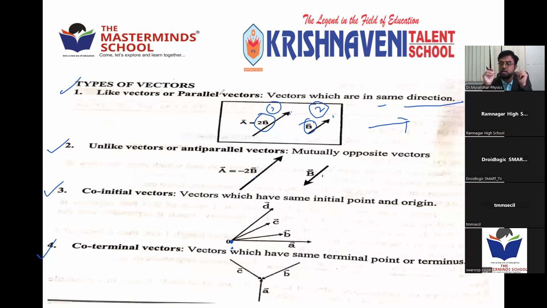Their destination point is the same; they are all coming to Hyderabad. Vectors that come and meet at the same terminal point are called co-terminal vectors. Please note this down along with the diagram so that you can understand very easily.